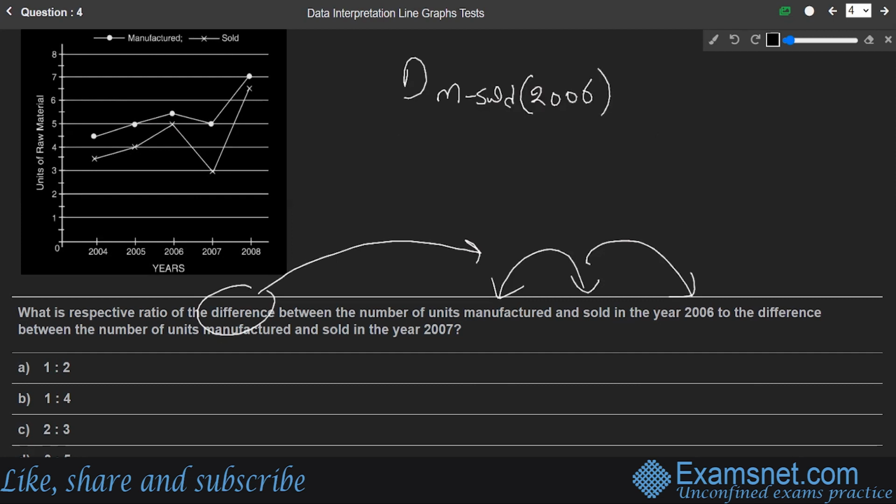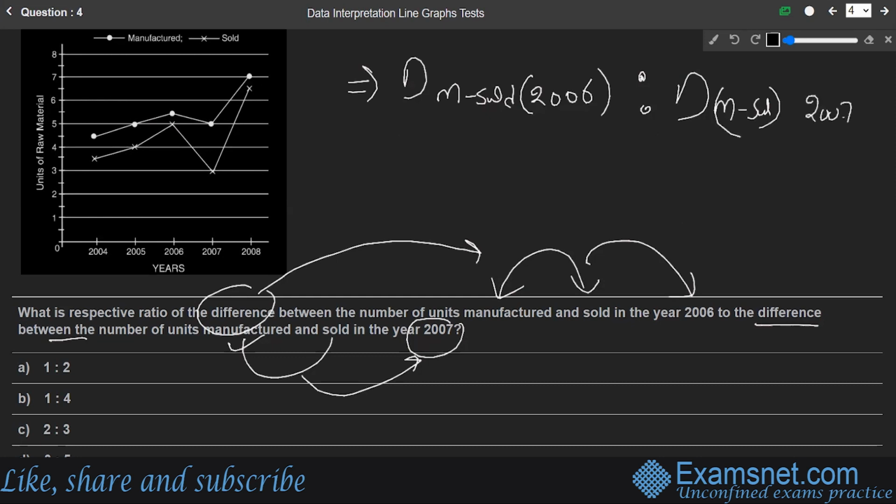The second part of the ratio is the same difference, manufactured minus sold, for the year 2007. These two values will give us the right ratio.